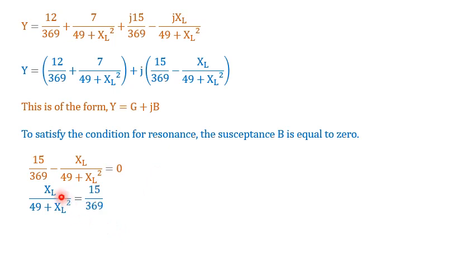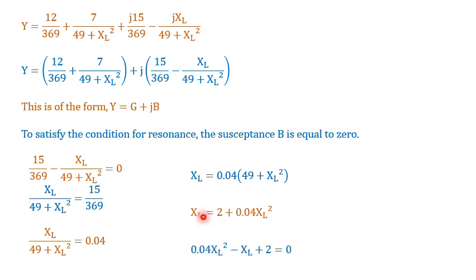And you need to simplify this expression for finding XL. So these are the steps followed for finding the value of XL. If you solve this quadratic equation, you will get two different values for XL. One is 0.04384 ohms, and the second value is 0.456.